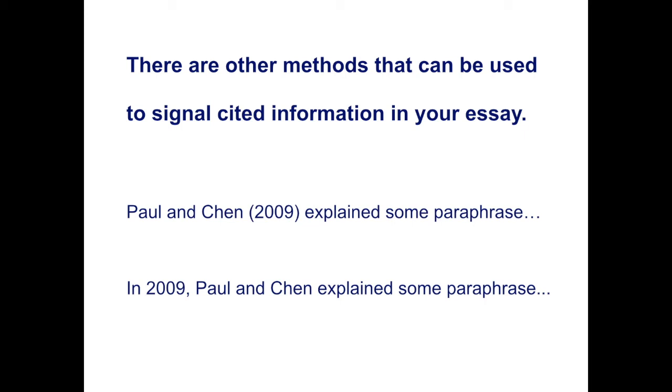In this case, you don't need to actually recite Paul and Chen at the end, because Paul and Chen are already being signaled as the originators of this idea. So since it has already been signaled, we're going to add the date in parentheses immediately following the names.